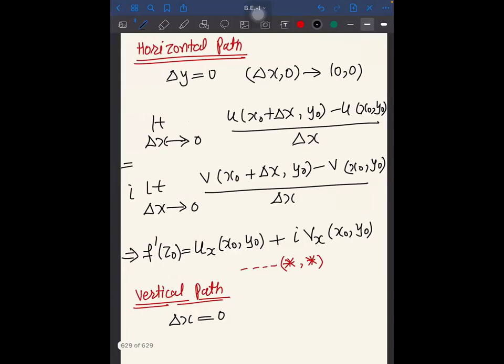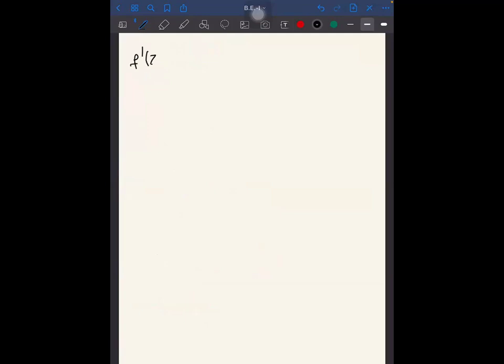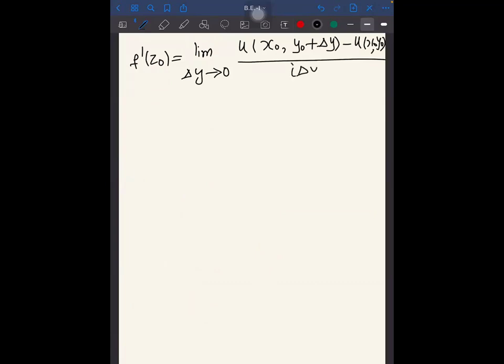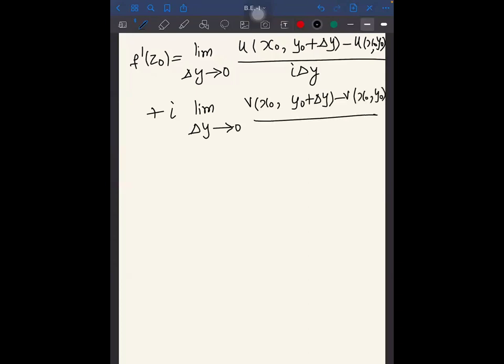For this case, f dash z naught is nothing but limit delta y goes to 0 of u of x naught, y naught. Now the increment of x will vanish because we have taken it as 0, and we are only left with the increment in y, u of x naught y naught upon iota delta y, plus iota times limit delta y goes to 0 of v of x naught y naught plus delta y minus v of x naught y naught upon iota delta y.